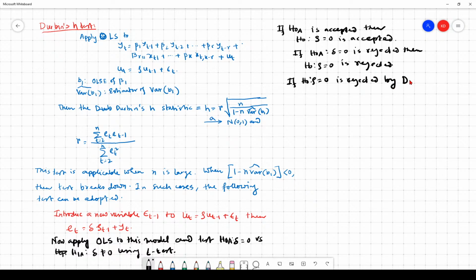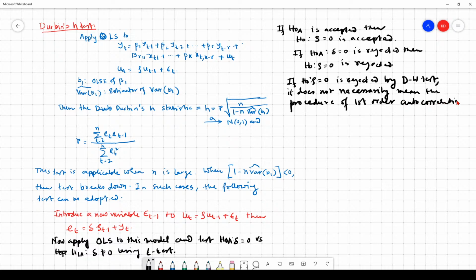by the DW test, it does not necessarily mean the presence of first order autocorrelation in the disturbances.